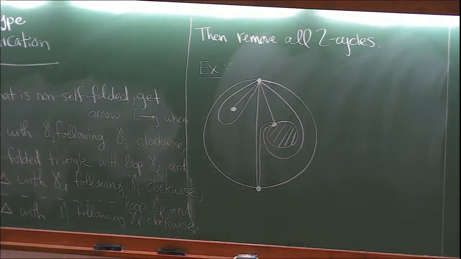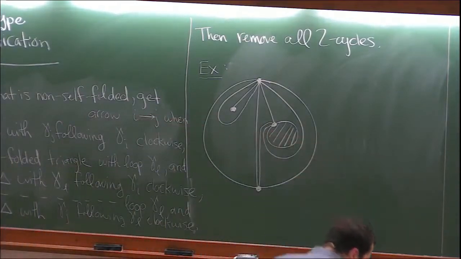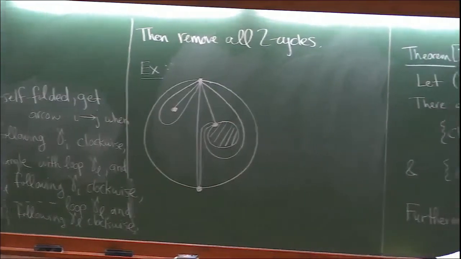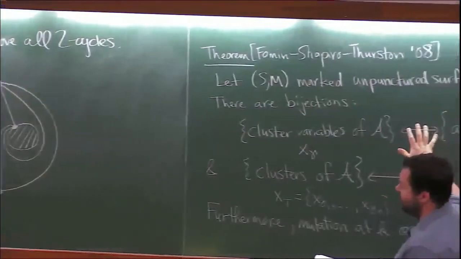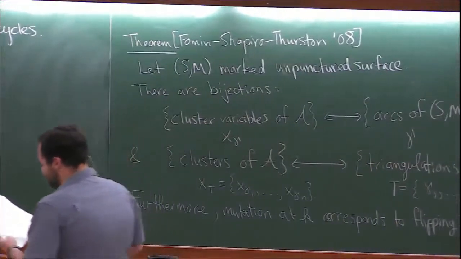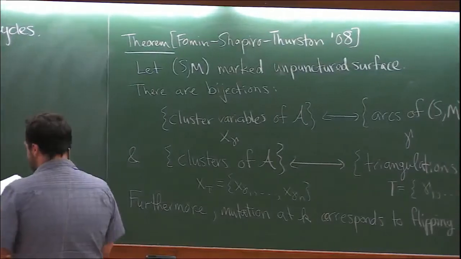Okay? So let me draw the quiver of this. Maybe I have to keep this on the board the entire time. Okay? So let's see. I'll try to draw the quiver.